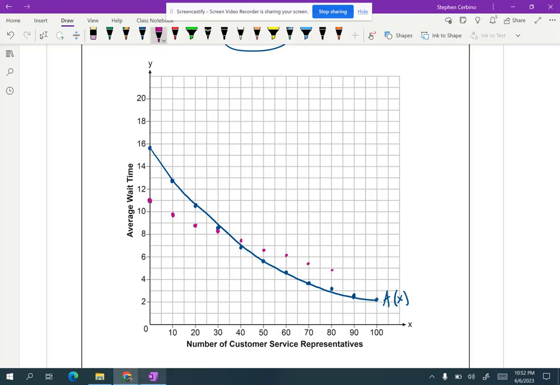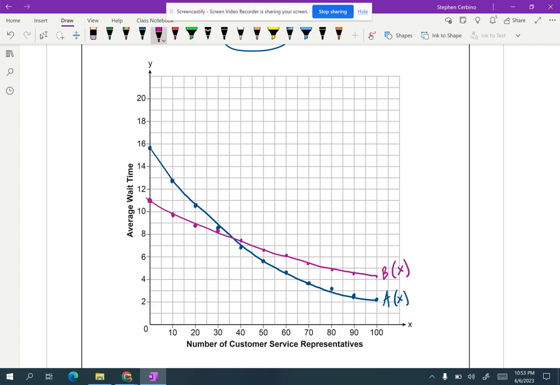And 4.5 and a little bit more than 4. So we'll see again a nice smooth curve down through our coordinates. I'm going to label this guy B of X.